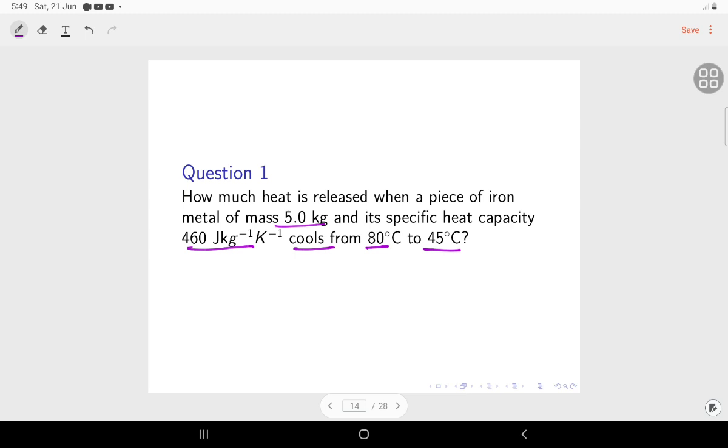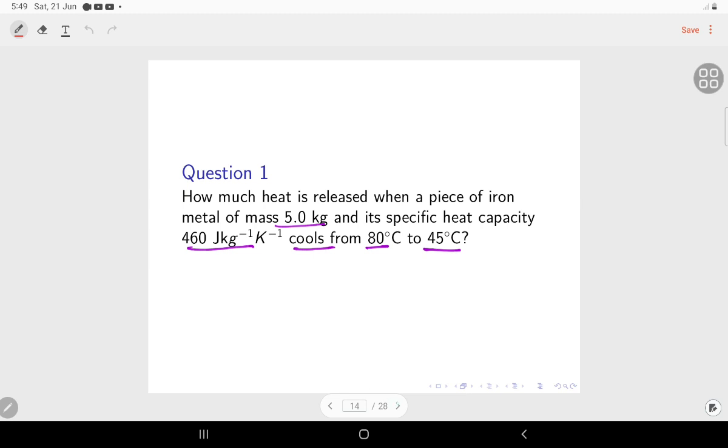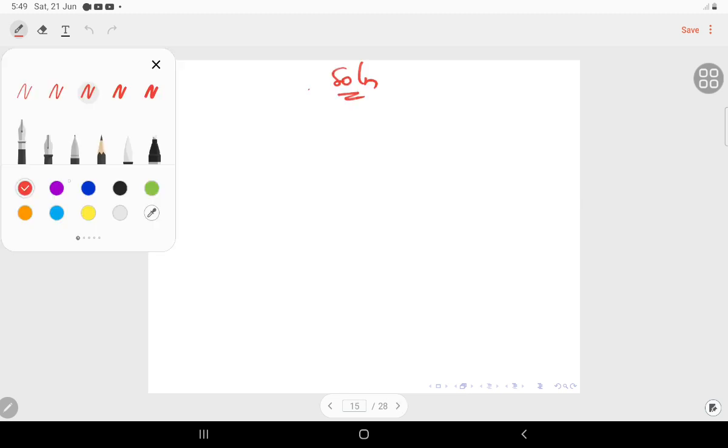How do we solve this question? You write down the information. So we are given the mass of the metal as 5.0.